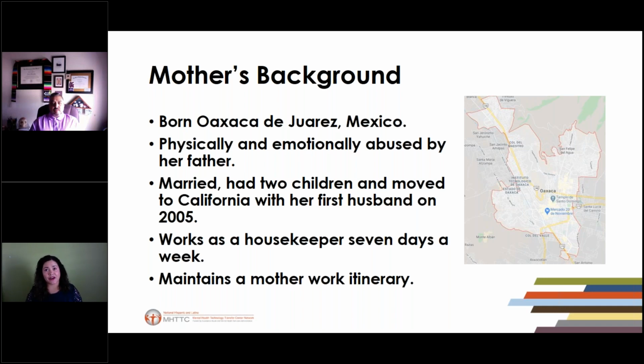Sometimes when she had more money problems, she worked 7 days, but usually it was 5 to 6 days. And because of this, it was difficult sometimes to schedule our therapy sessions. And her work itinerary changed almost every week. That's one of the reasons also that impacts the therapy sessions.